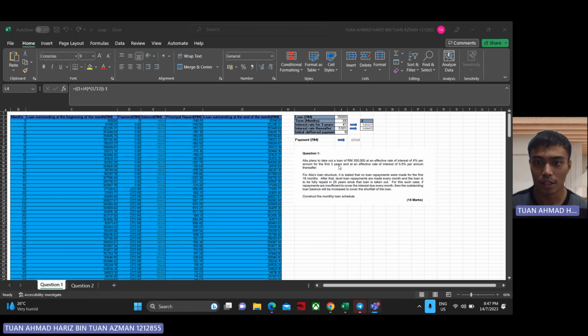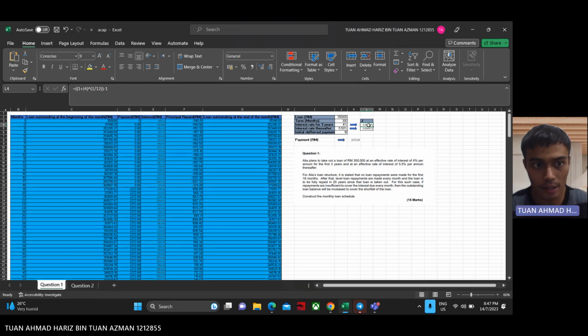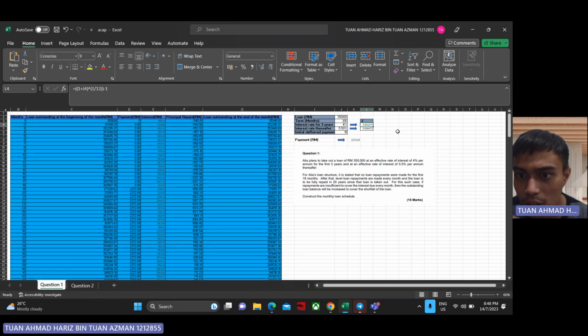We can calculate the J for the first 3 years by taking the interest rate for 3 years given in the question: in the bracket, 1 plus the interest rate for 3 years, which is 4%, close the bracket, multiply with the power of 1 over 12, close bracket, minus 1, and then we got 0.003274 for the J for the first 3 years.